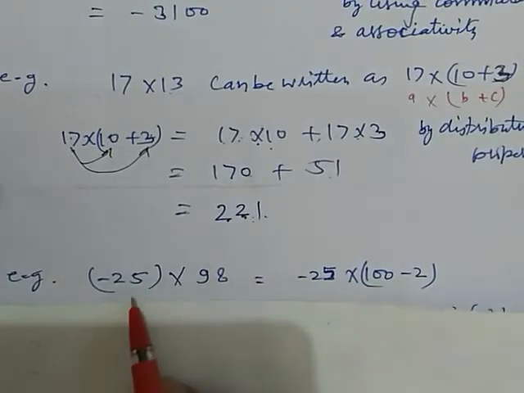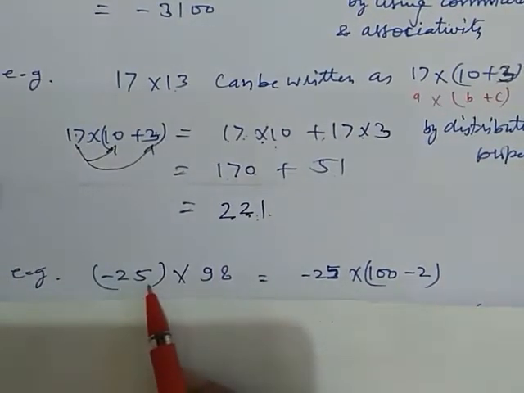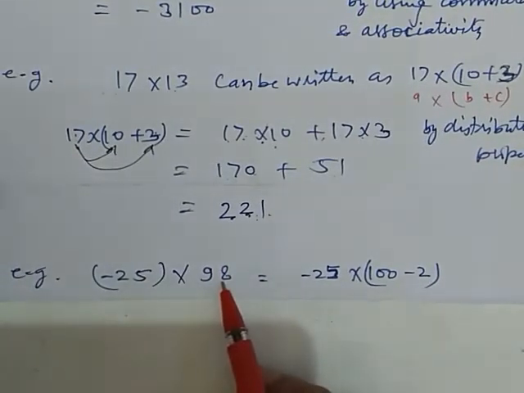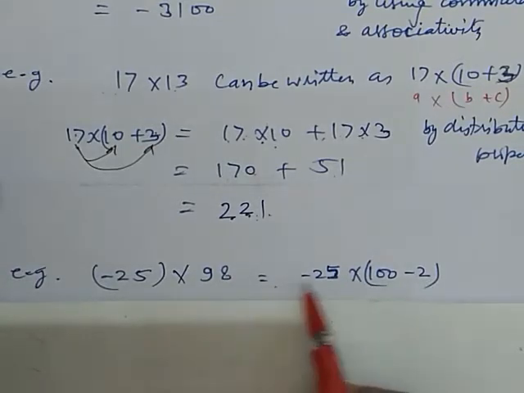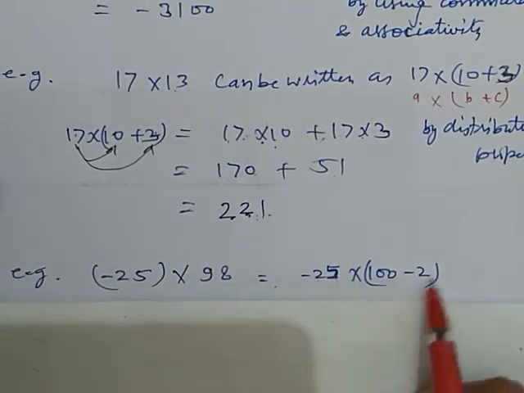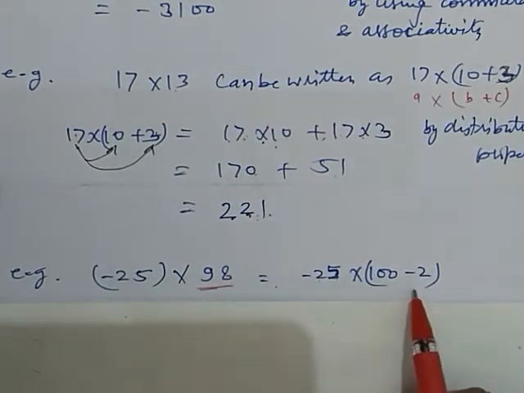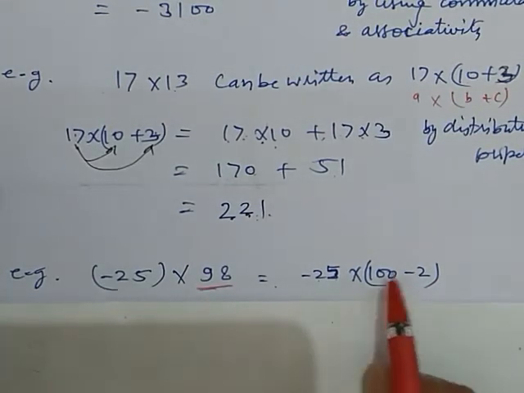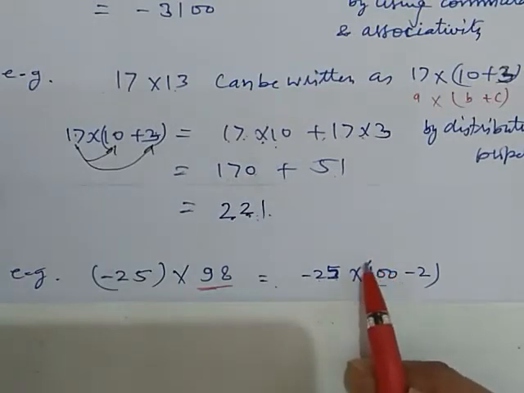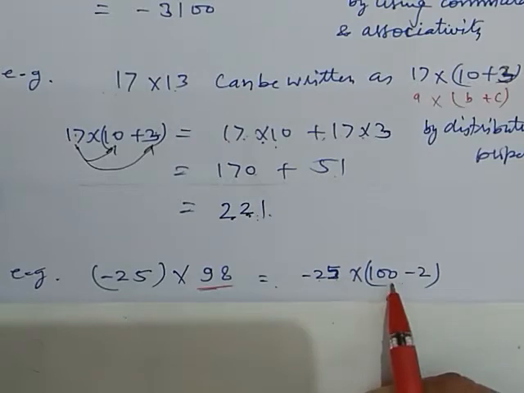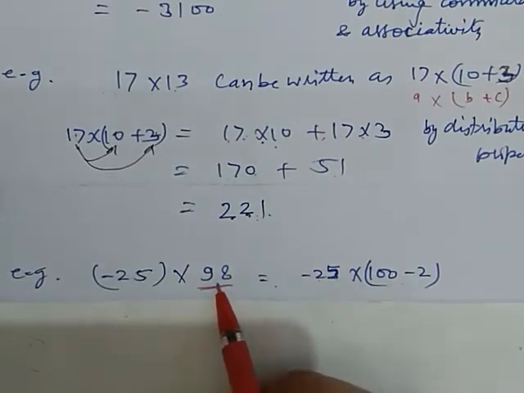Now take more examples. Minus 25 into 98 equals minus 25 into 100 minus 2. This 98 can be written as 100 minus 2. Why? Because the multiplication of any number which contains 1 and 0 is easier than this type of number.